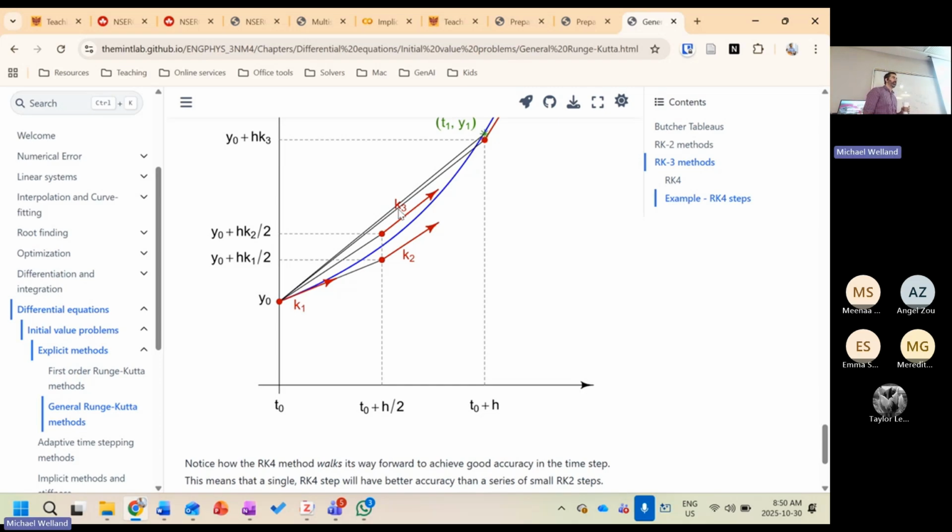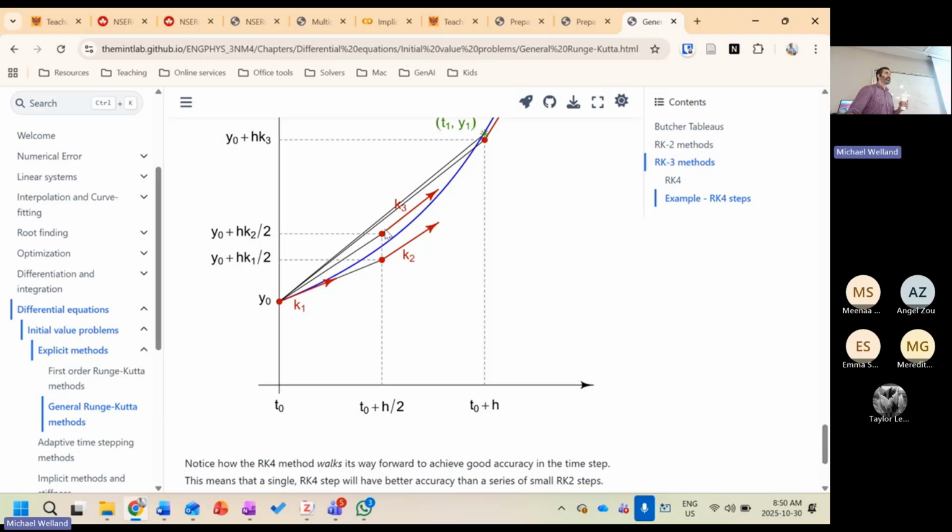K3 is also wrong. So I can't say that it's a better prediction than K2. But the combination of K2 and K3. So think about it this way. Following K1 got us here. Following K2 got us here.